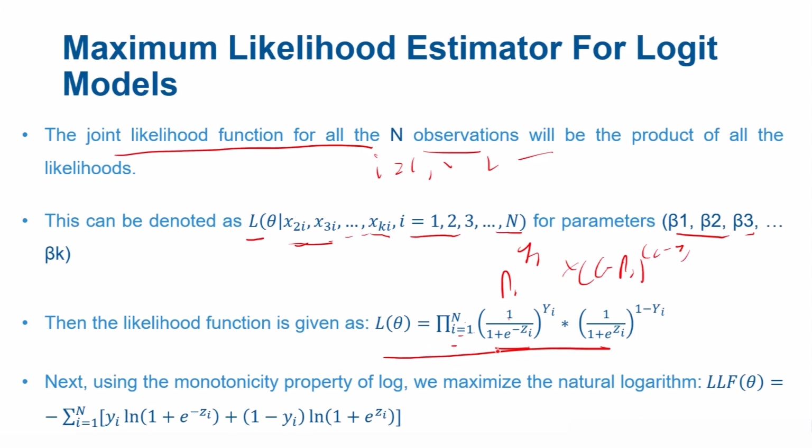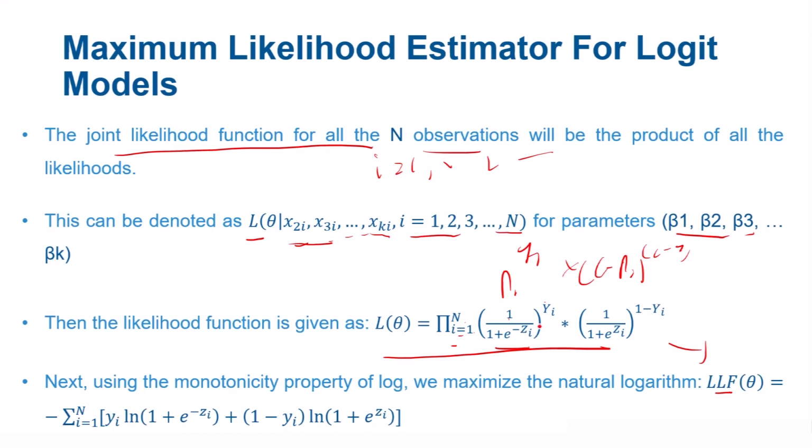Now, because we are converting it into a natural logarithm, into the log likelihood function, this will be the summation of i equal to 1 to n of yi into natural log of 1 plus e to the power minus zi, plus 1 minus yi into natural log of 1 plus e to the power zi. So why this summative form?